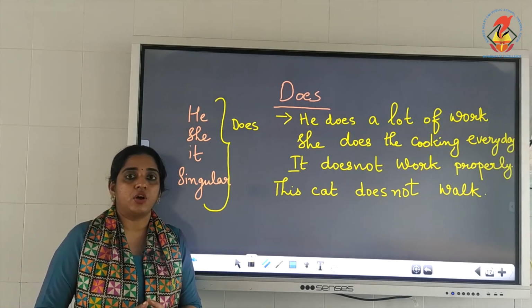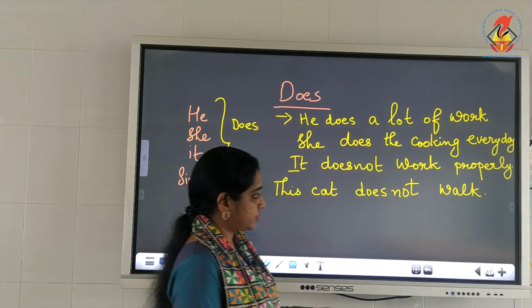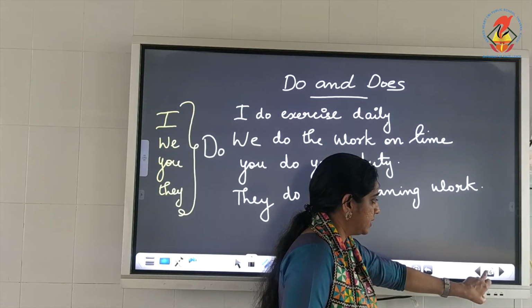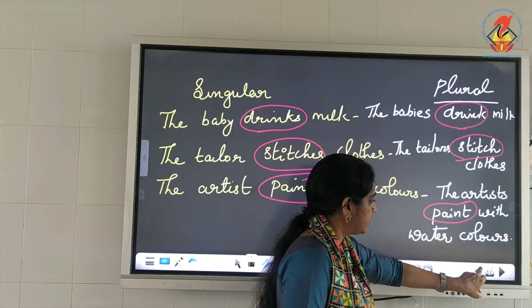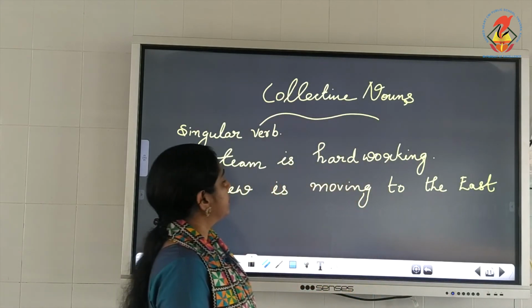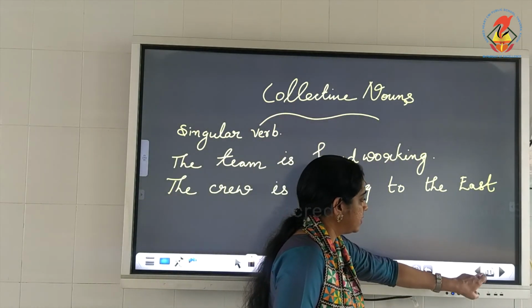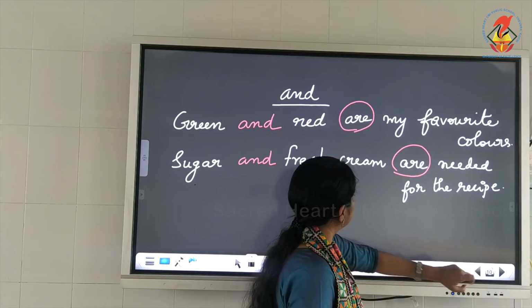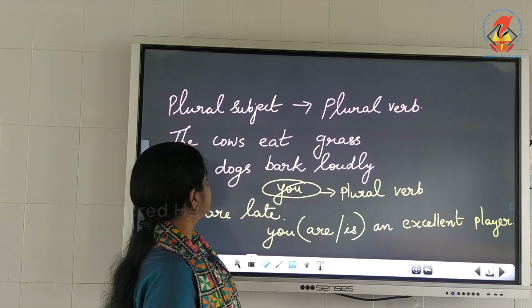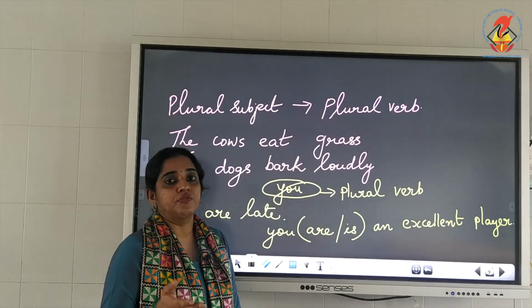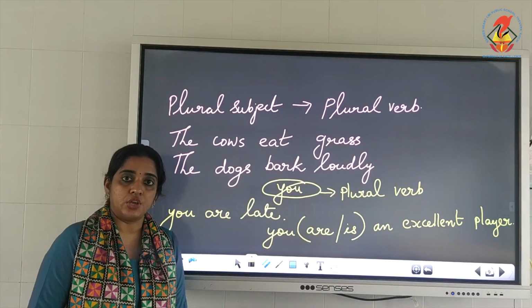So, let us recall what we have studied. We have studied that verbs can be taken according to singular and plurals, is it? For a singular subject you use a singular verb.